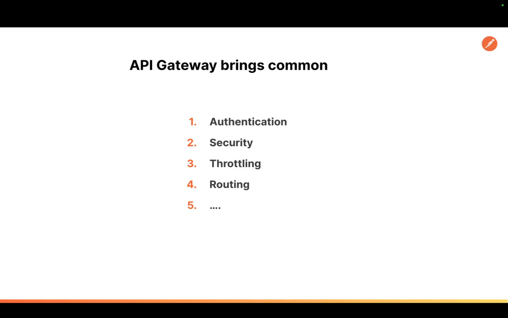And briefly, some of the benefits that an API gateway provides are common authentication between all the APIs, common security, for example, API key or OAuth2, throttling, so that the requests that are coming to the API are up to a limit, so that there is no abuse there, and of course, more advanced routing, right? Routing requests based on different conditions like headers, parameters, content, and so on.